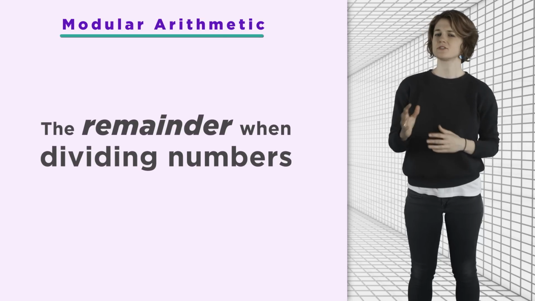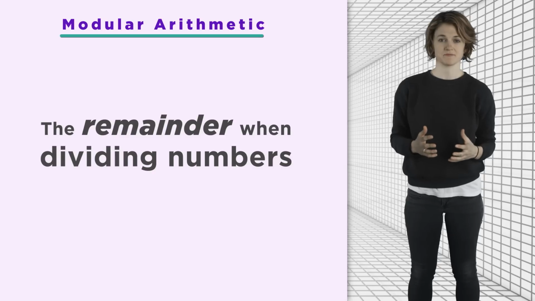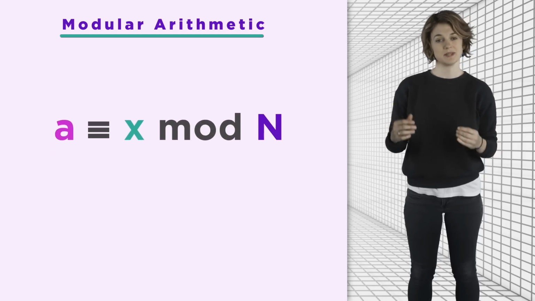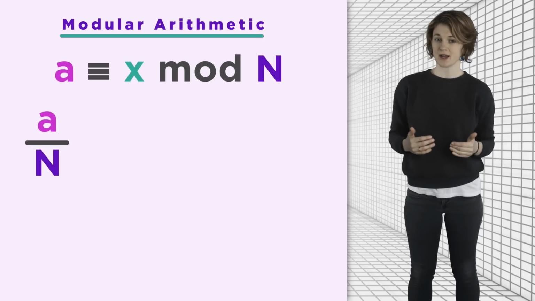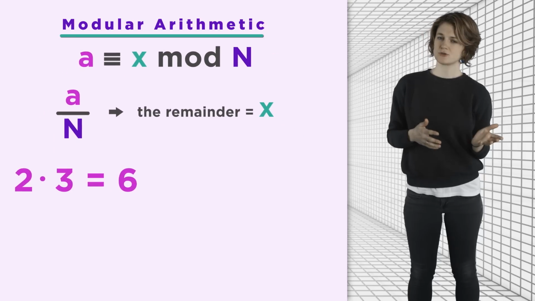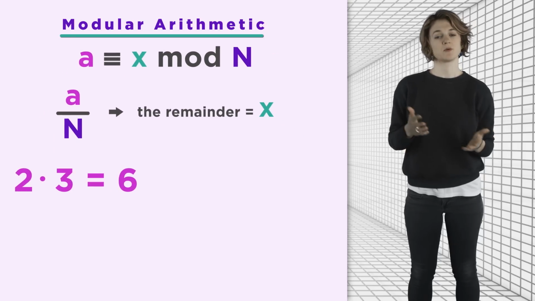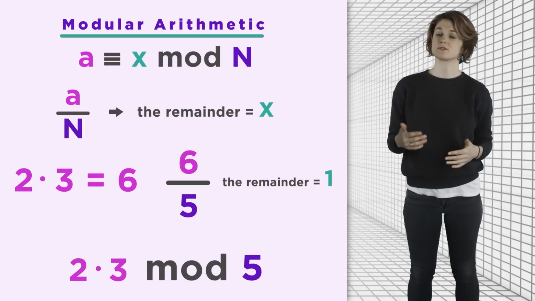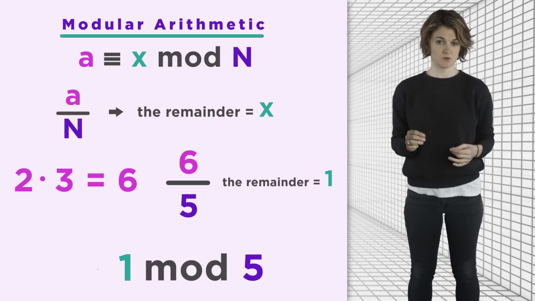So, here's a slightly more formal definition. A is congruent to x mod n means that when we divide a by n, the remainder is x. So, 2 times 3 is 6, but when we divide 6 by 5, the remainder is 1. So 2 times 3 mod 5 is 1.